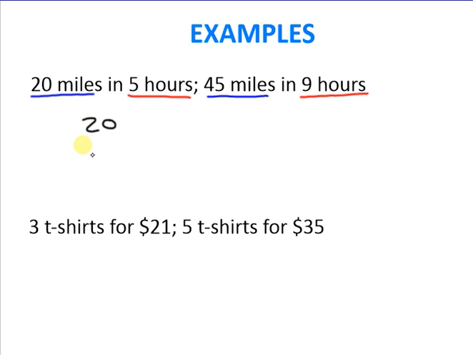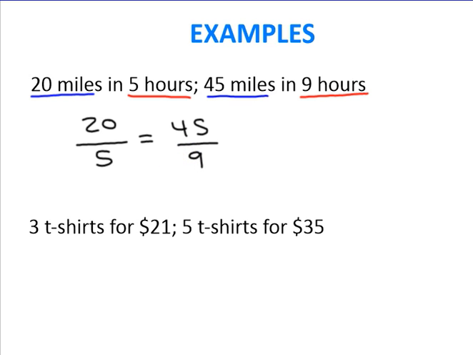So we have 20 miles in 5 hours equals 45 miles in 9 hours. What we want to make sure of is that if miles are on top over here and hours are on the bottom, we also have miles on the top over here and hours on the bottom. That's basically the only requirement in terms of order.